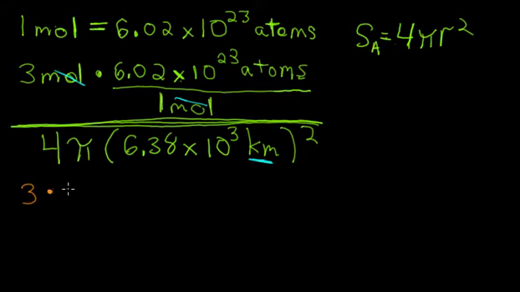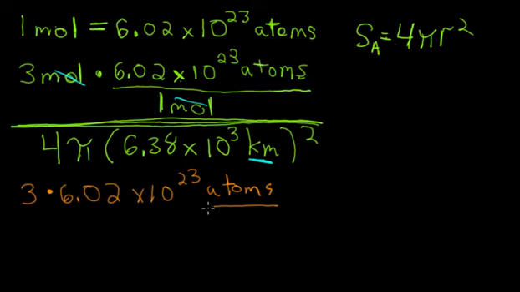All right. 3 times 6.02 times 10 to the 23rd atoms over 4 pi times. Now, to fix this here, I'm going to use my definition of kilo.